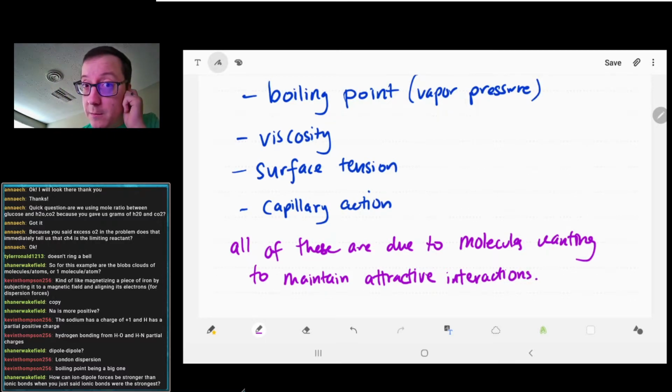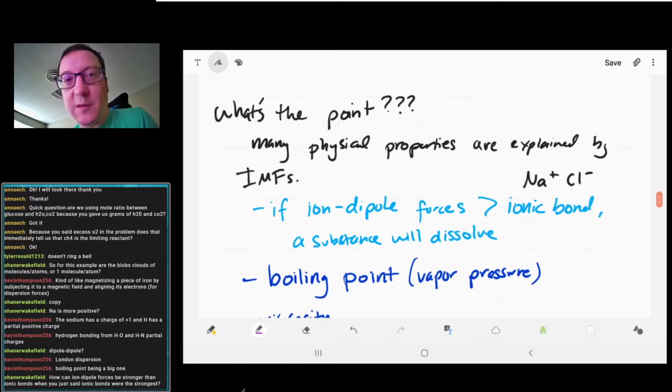So if a molecule has a lot of intermolecular forces, aha, but that's what I said, Shane. So compare one sodium versus one chloride versus one sodium with 5 or 6 waters.